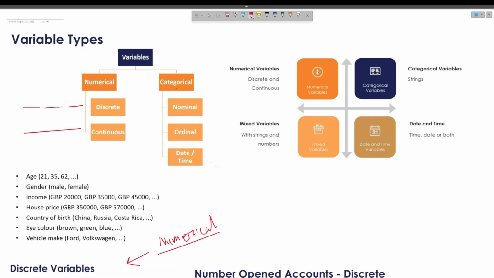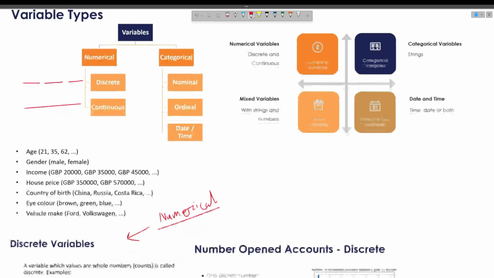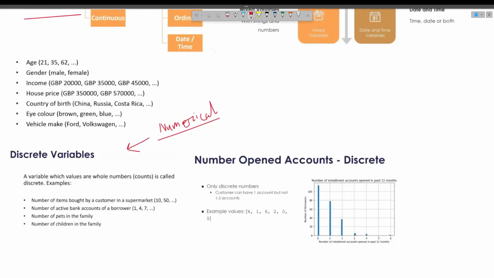Now talking about the categorical. Within that we have three types: one is nominal, another is ordinal, and another is date or time. Numerical values can be discrete or continuous. Categorical values can be strings and so on, we can have date and time kind of values, or we can have mixed. We'll look into them. Here are some examples.